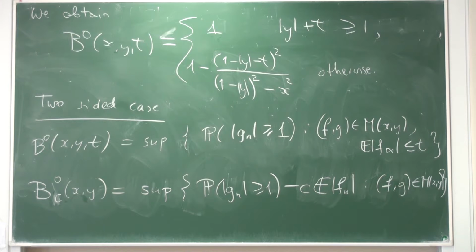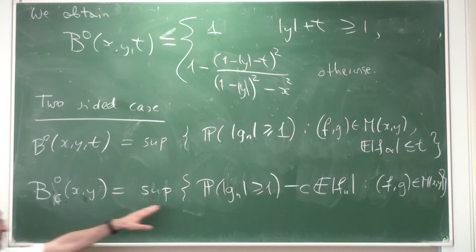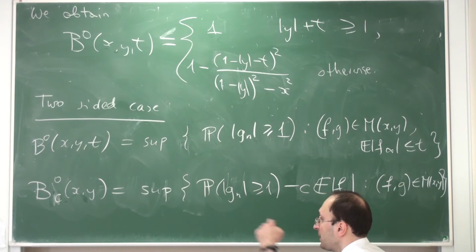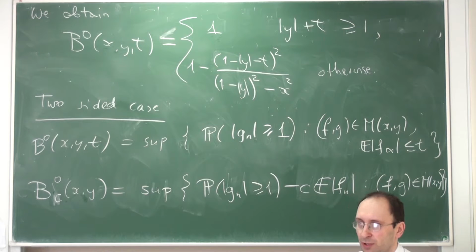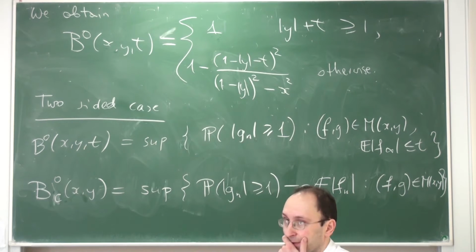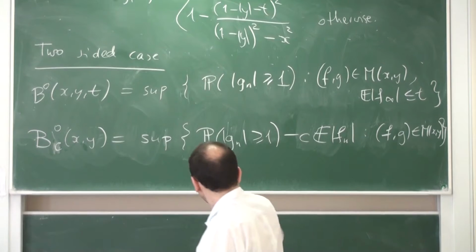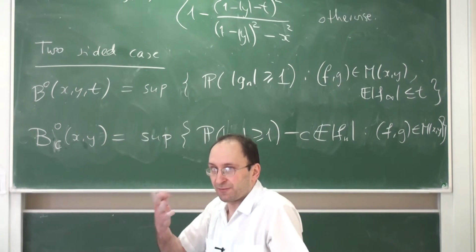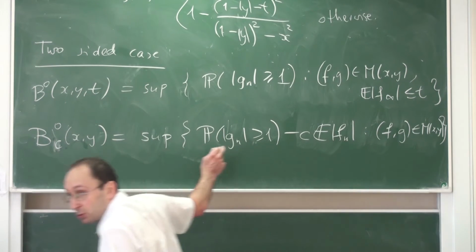Okay, so what do we do? How do we proceed? We want to find this Bellman function. Actually, we have already considered this function. When we started, our first example was about this inequality.